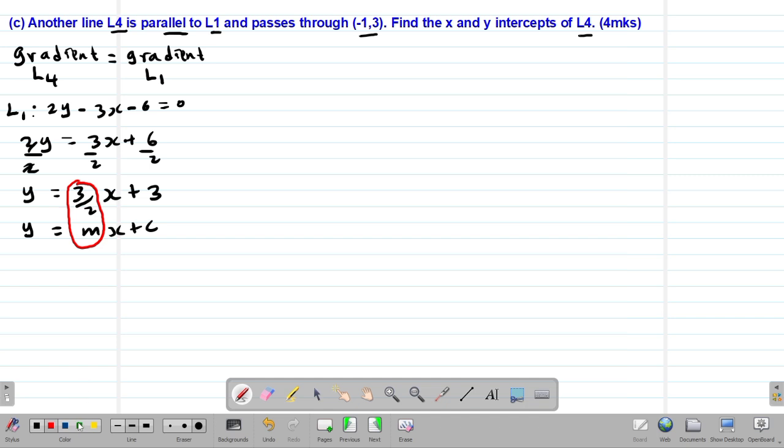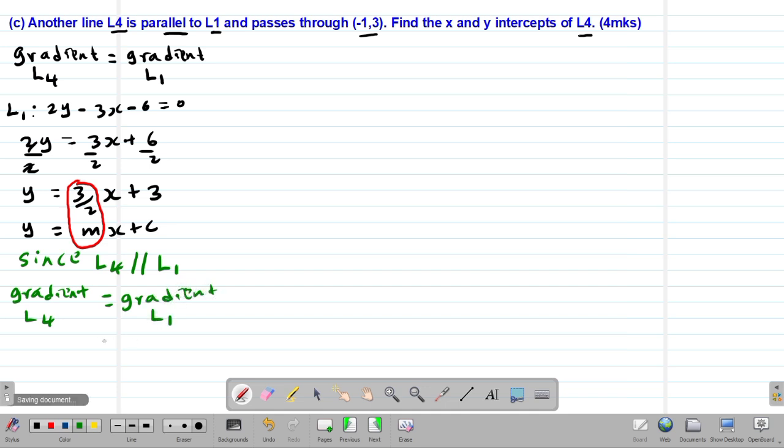Therefore, since L4 is parallel to L1, it follows that the gradient for L4 must be equal to the gradient of L1, which is 3/2. Having the gradient and the given point, we can easily get the equation for the line L4.